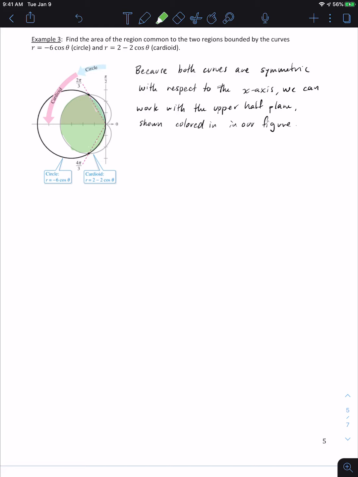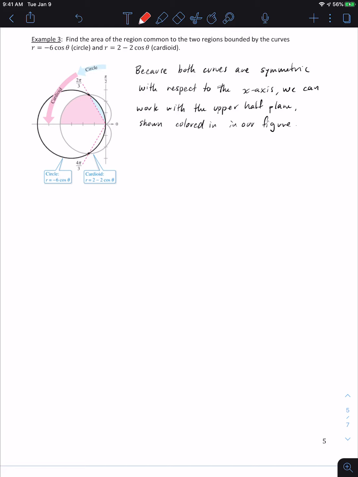However, since this shape, if I outline it like this, is symmetric to the x-axis, I can find this area, times it by 2, and I'll get the whole area. So that's the goal. If you look at the picture they've drawn here, the colored in part here and here gives us the upper half. So we're trying to find the total area that's colored in, or the area of the pink plus the area of the blue.